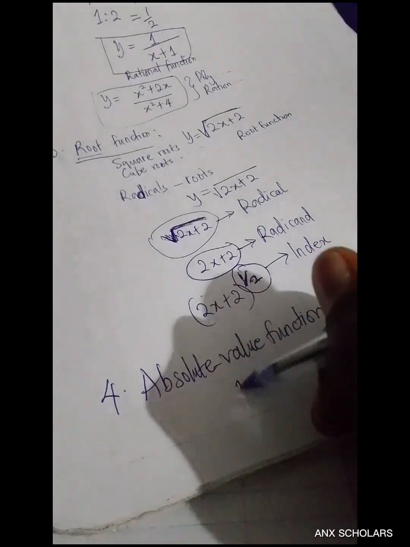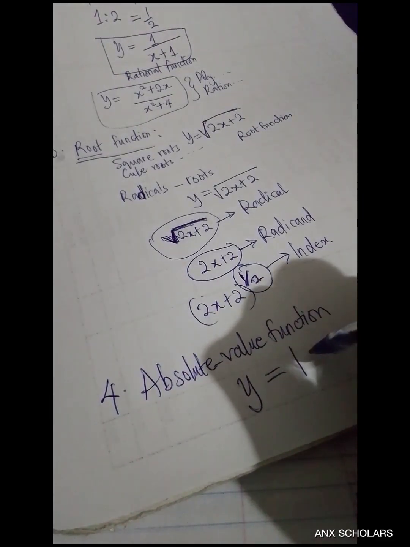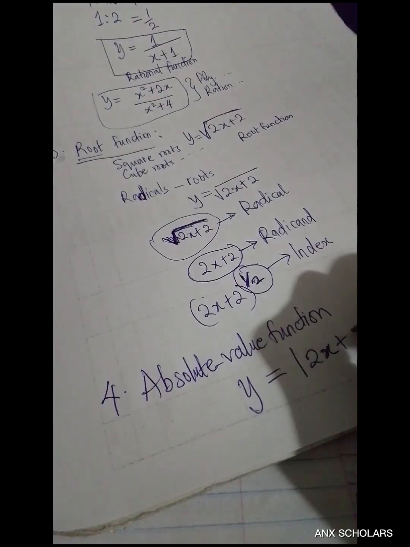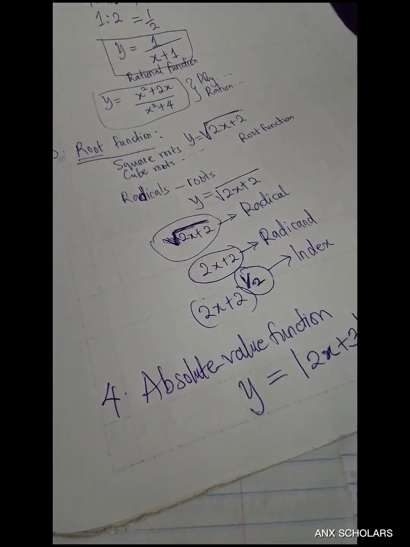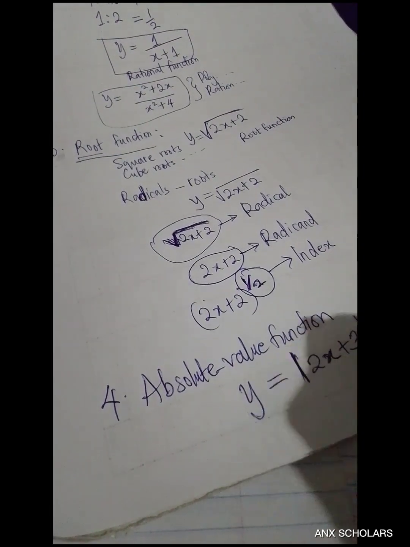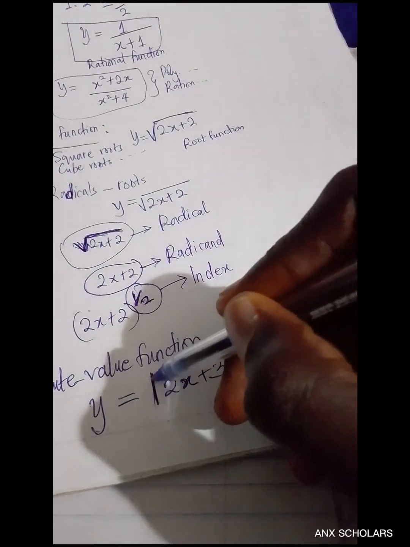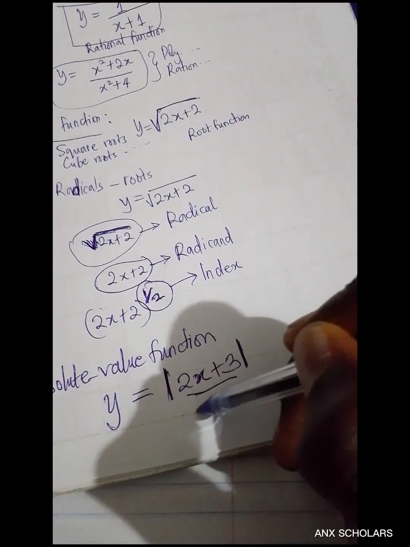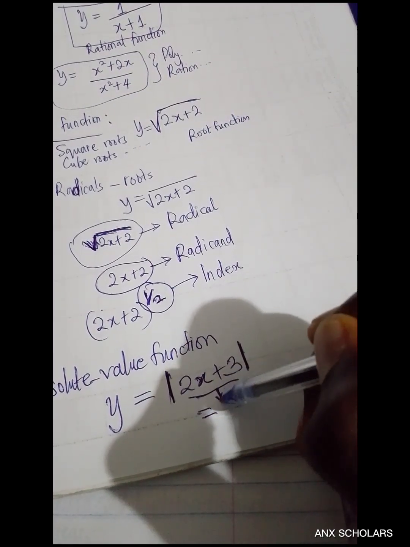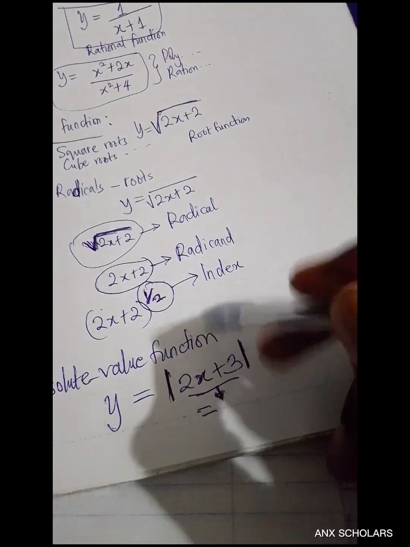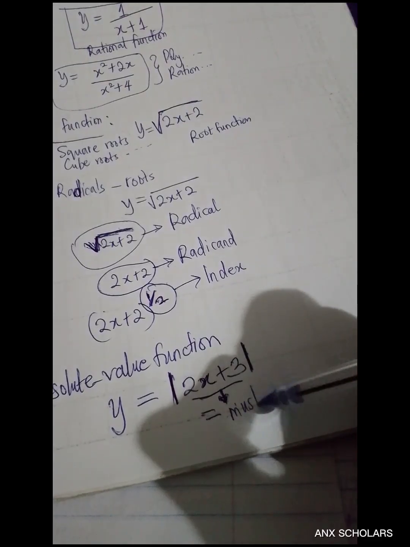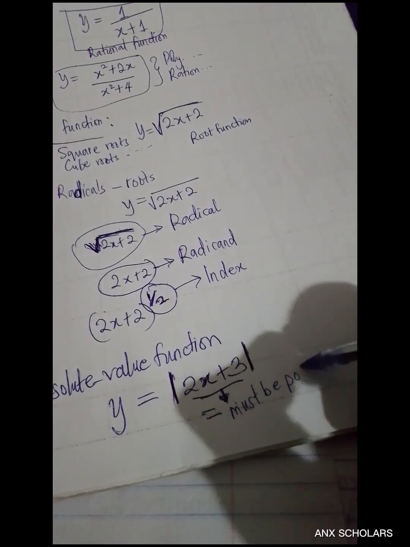Okay, so this one is far simple because it's just a little thing to grab. Let's say we have a function inside plus let's say 3 absolute. So this absolute feature that we are seeing here simply shows that anything that comes out from here must be positive.